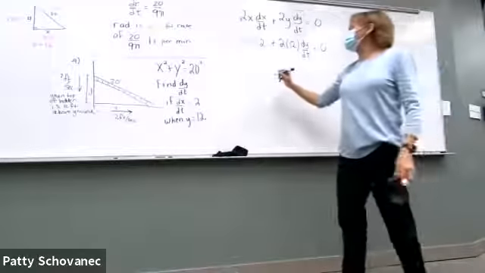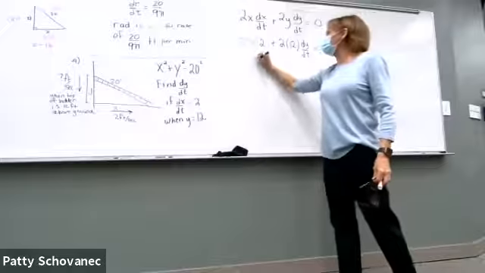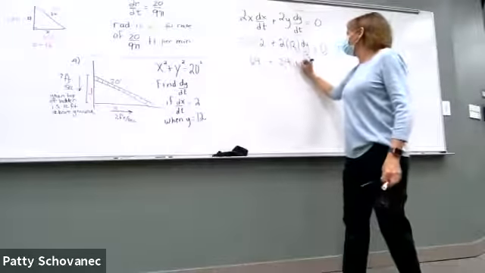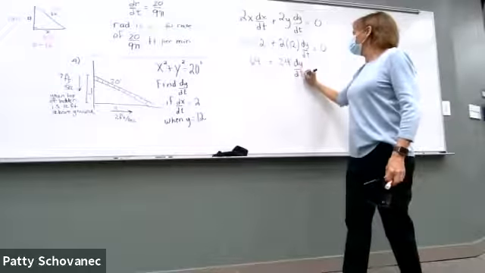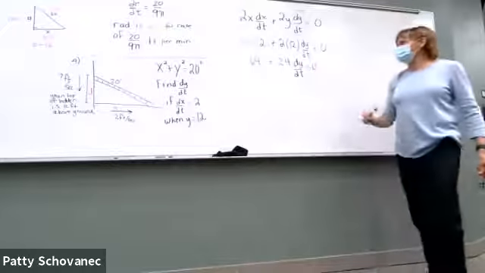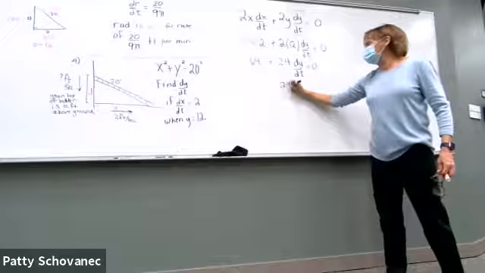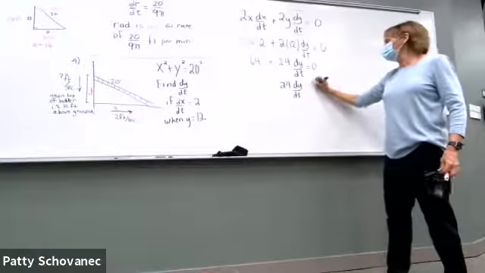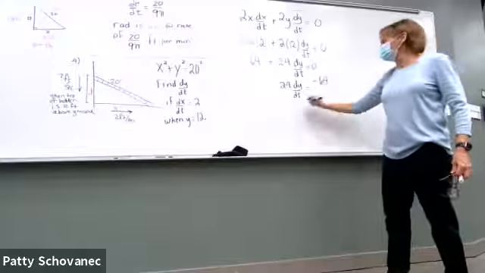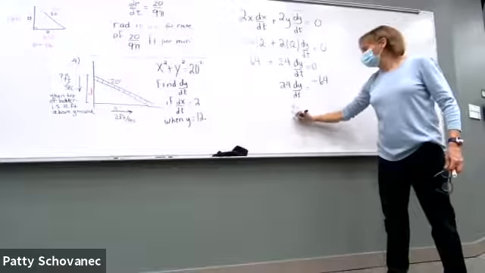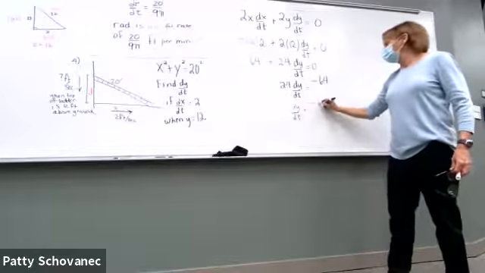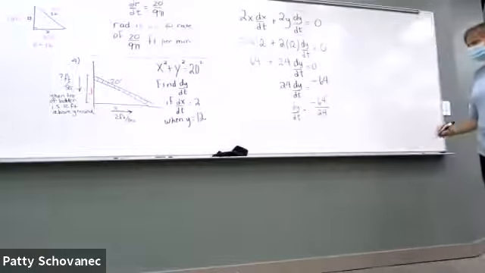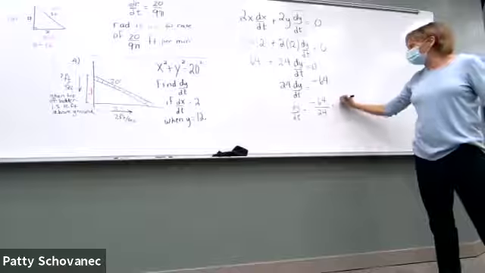So let's see, 4 times 16 is 64. 2 times 12 is 24. Subtract 64 from both sides. And then I'll divide by the 24. Let's see, 8 goes into both of those. That's negative 8/3.